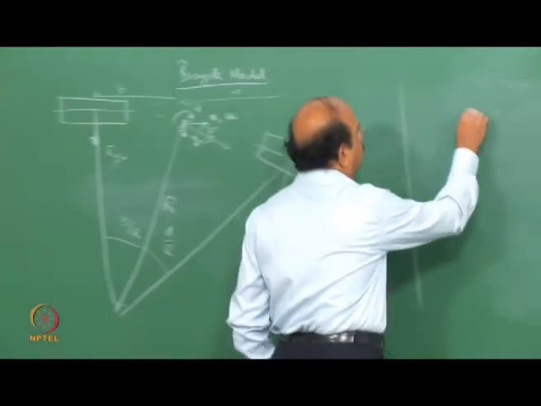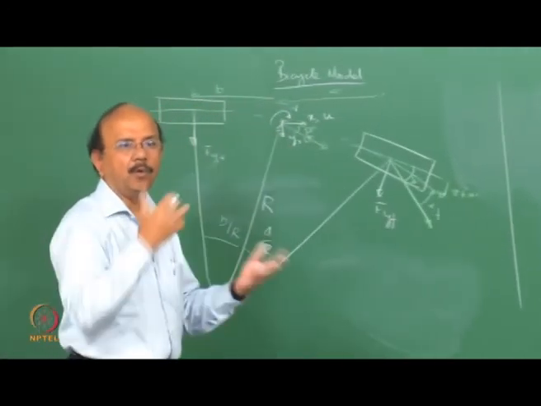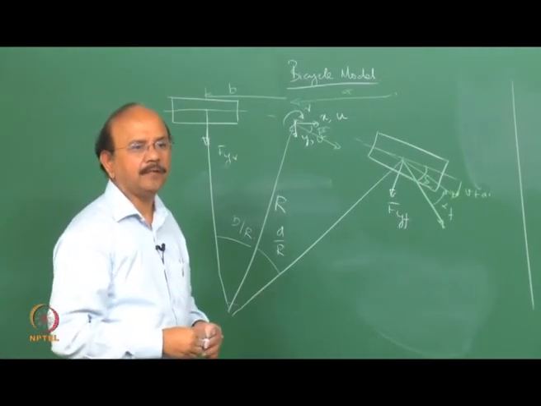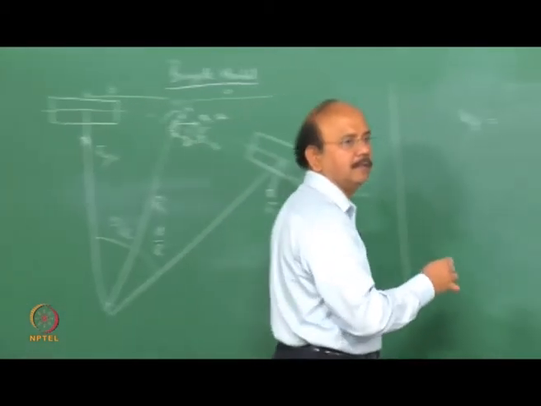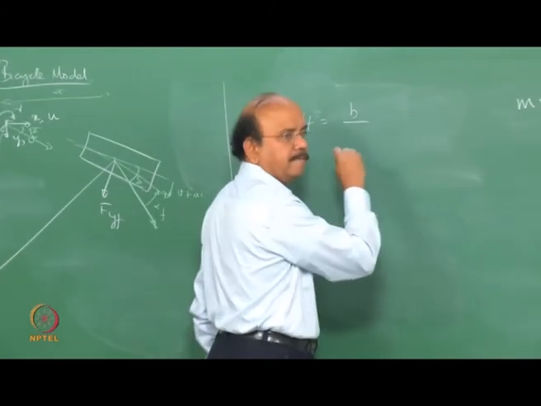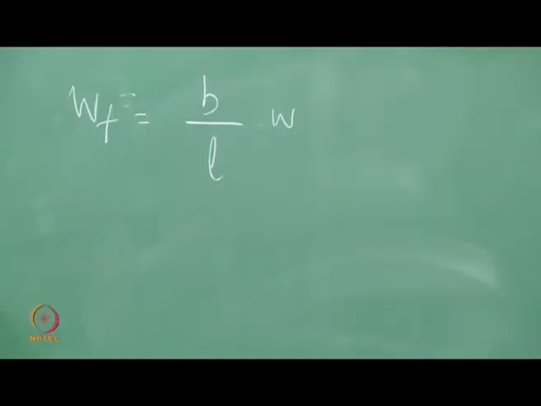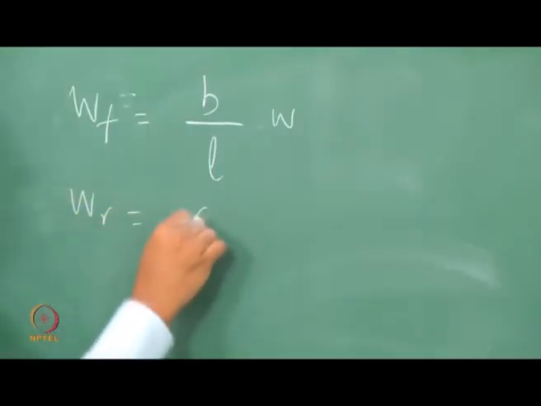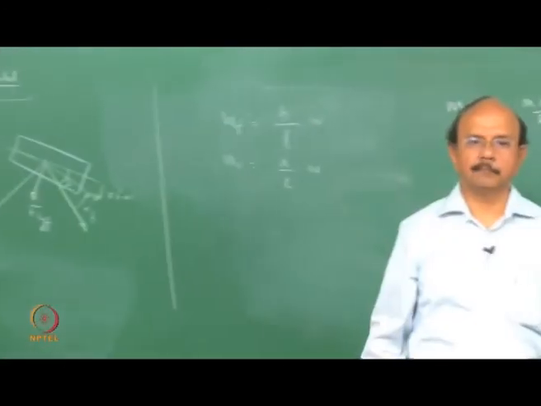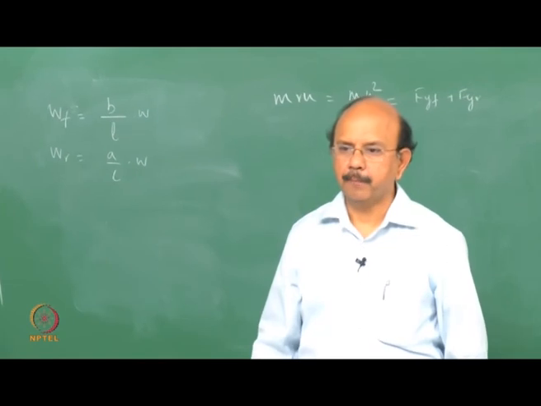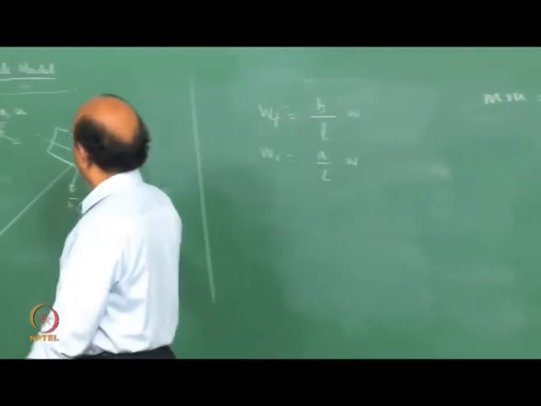Now, I know that W front, which is the normal load that acts on the front, is equal to B divided by L into W, right? And the W rear is equal to A divided by L into W. Now, if Fy is the total load that's acting, obviously the same.